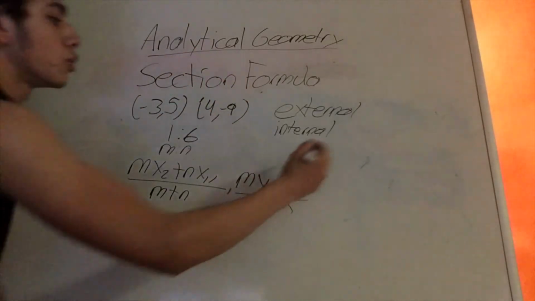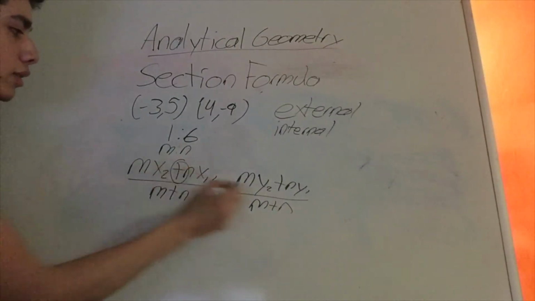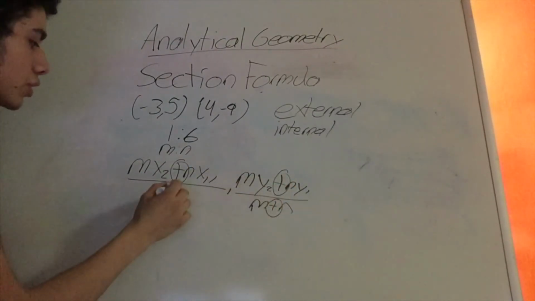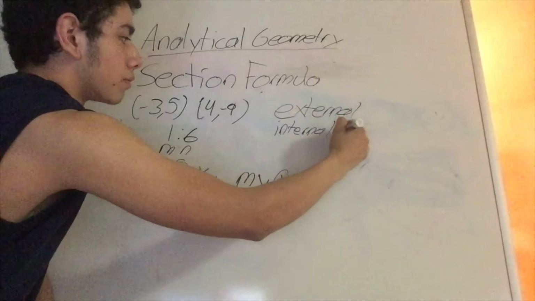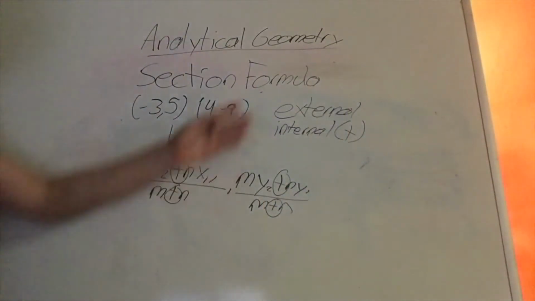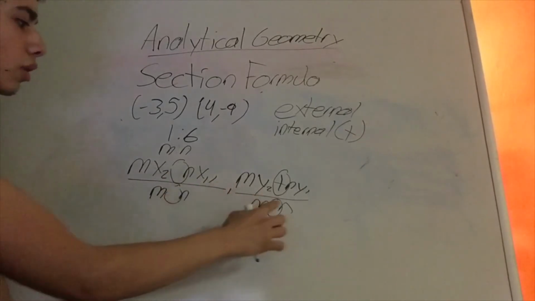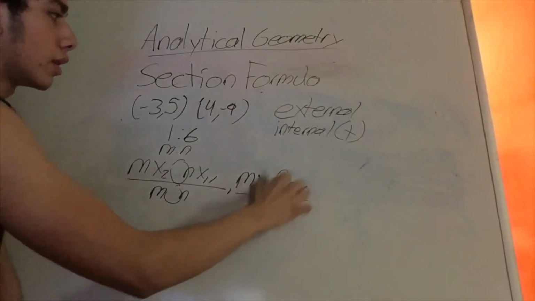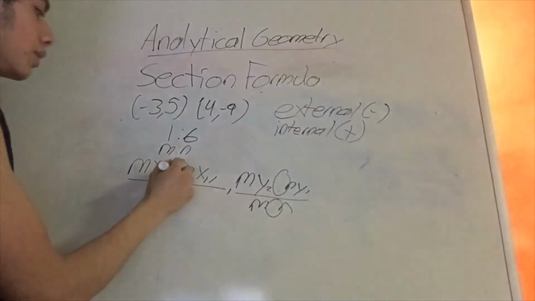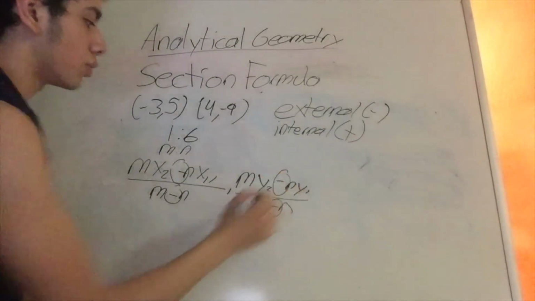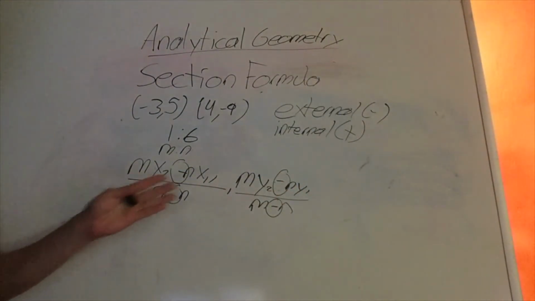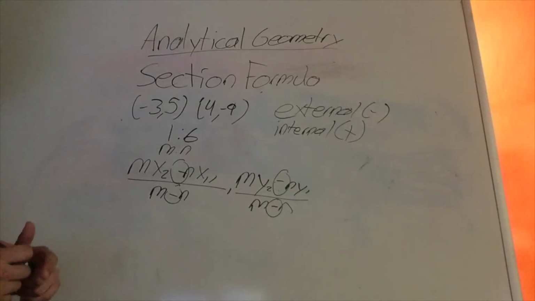Internal is when these combinations are all positive, but if they were to ask for external, they would want them to all be negative, as followed. So the equation wouldn't change much, you just change the positives to negative, and you go from there.